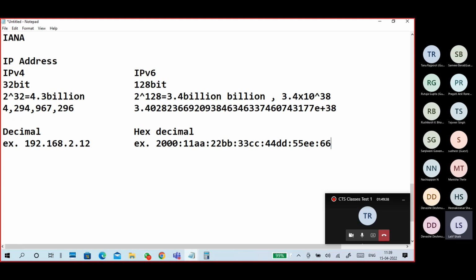F is also there, but I don't put FF. Yeah, you can use FF also. IPv6 can be written in different ways.